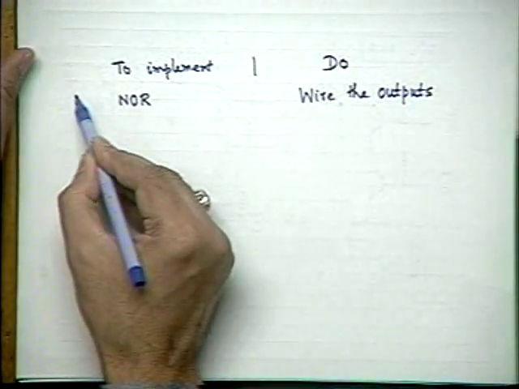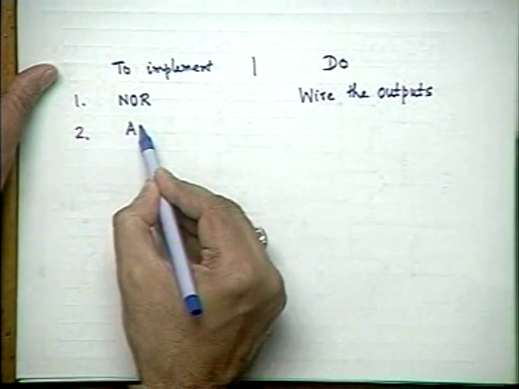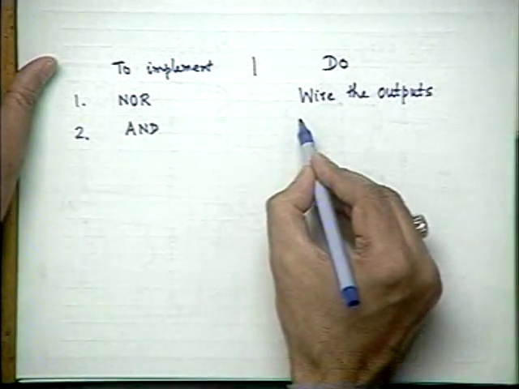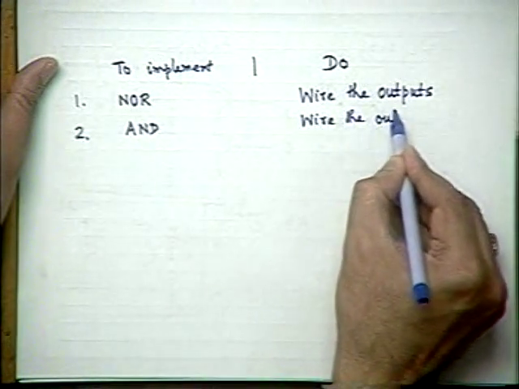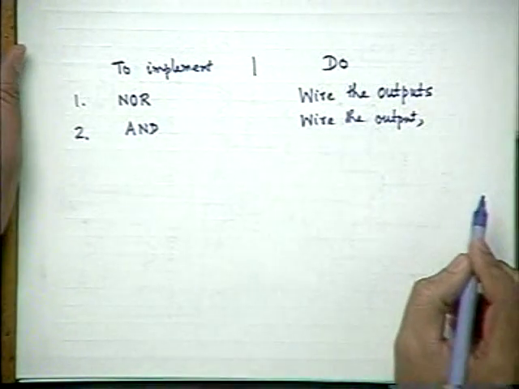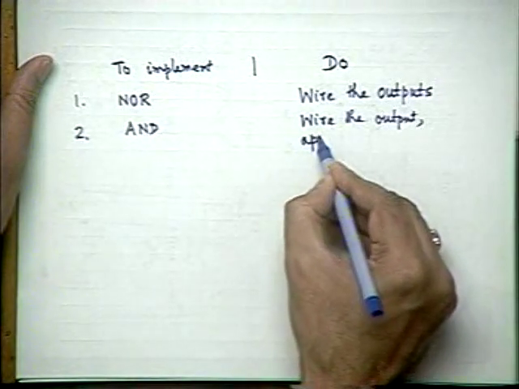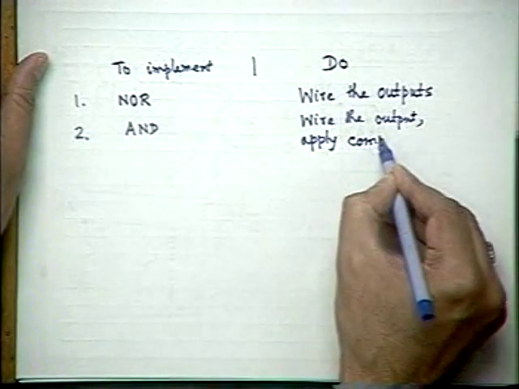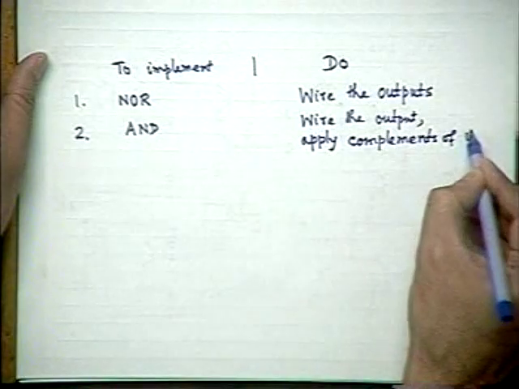This is 1. 2 is very similar, that is AND and NOR are very similar. So what we have to do is short the outputs, but complement the inputs. That is very important. Apply complements of inputs.